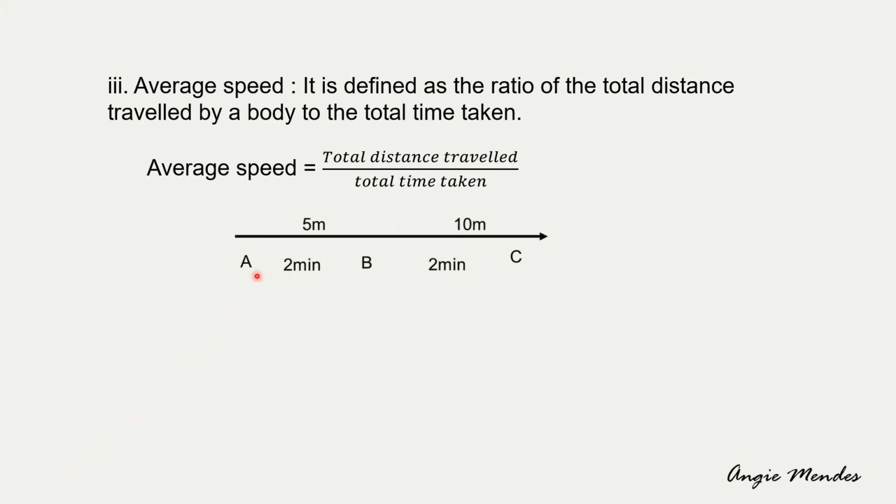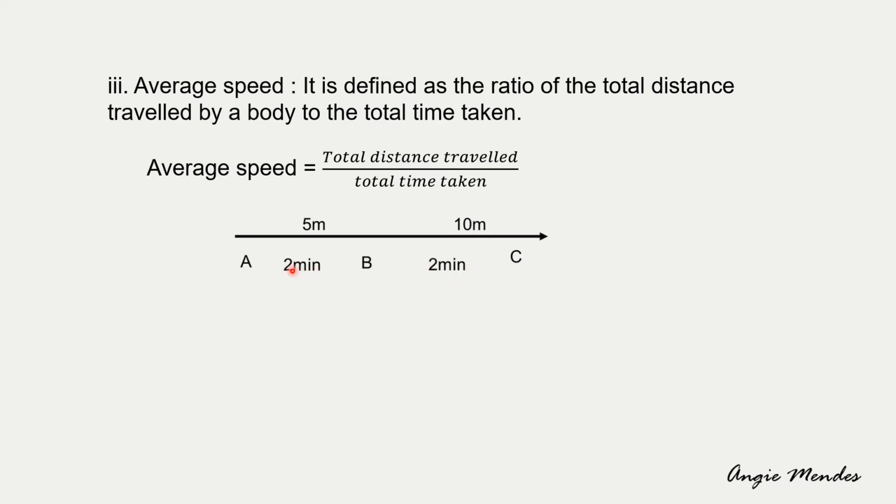So let's say now this body has moved from A to B. It has covered 5 meters. Then from B to C, it has covered 10 meters. So the total distance will be 5 plus 10, which will be 15 meters. Also the total time taken: from A to B, it took 2 minutes, and to reach from B to C, it took 2 minutes.